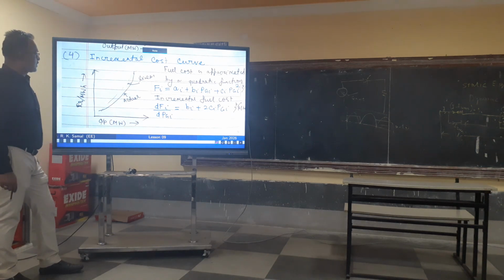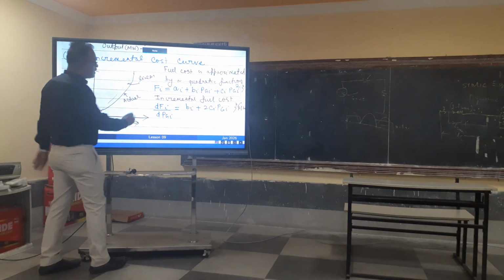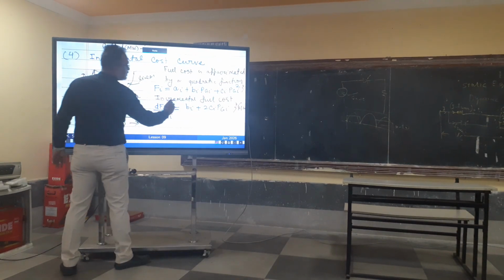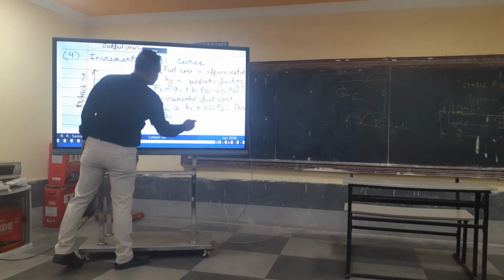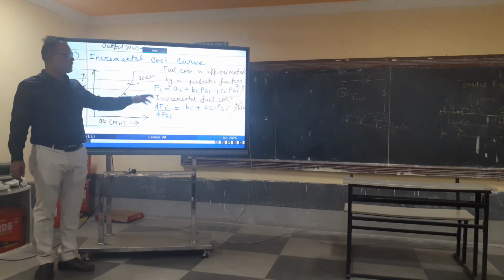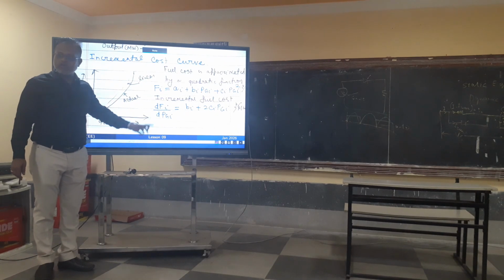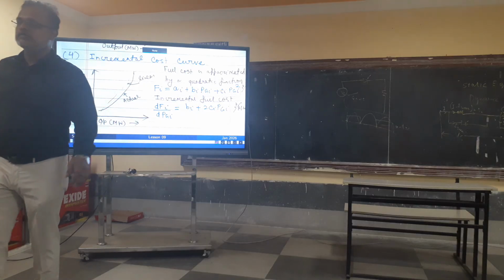Okay. And the incremental cost is given by the slope of this curve, which is Bi plus 2Ci PGi. Okay. We differentiate it with respect to PG. So this is the total cost, this is the incremental cost. Write down this formula.